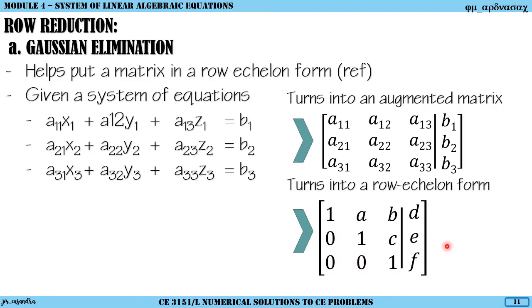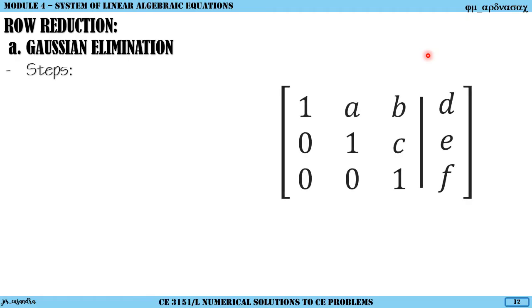So if you could remember from our introduction from Module 2, this is now an example of an upper triangular matrix.